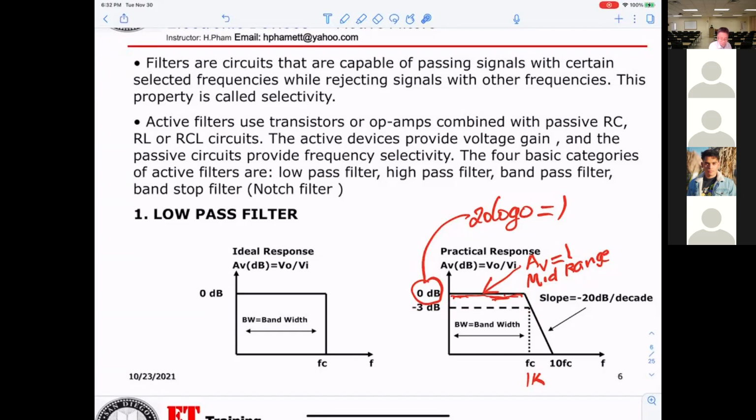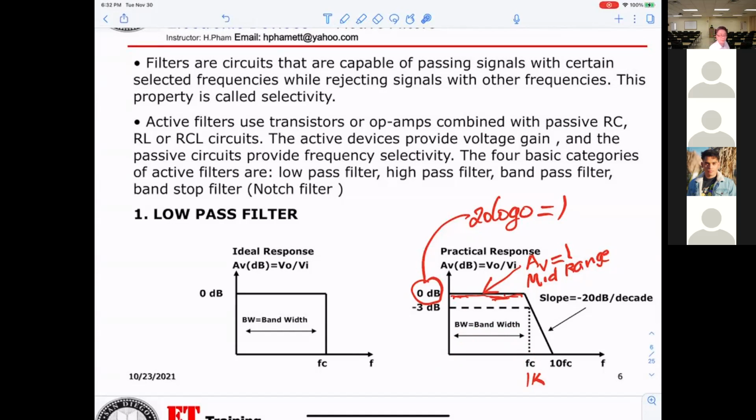And also they will be telling you the bandwidth of this low pass filter will be from 0 here, go up to maximum will be FC. That is the bandwidth of this low pass filter.